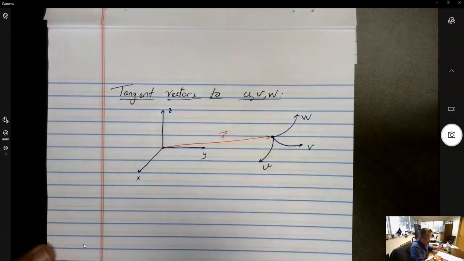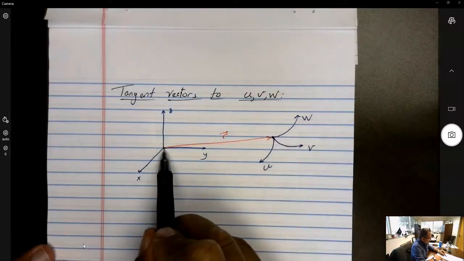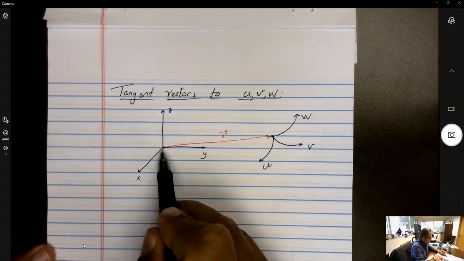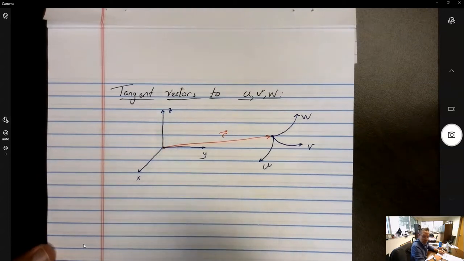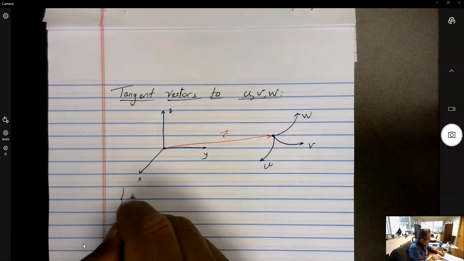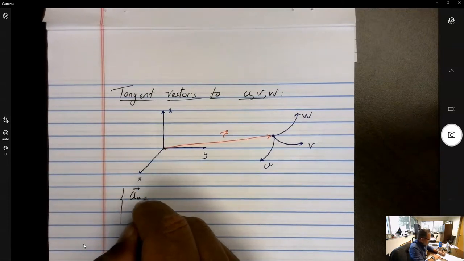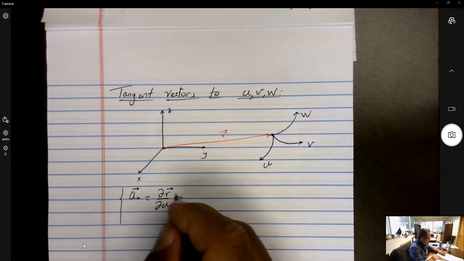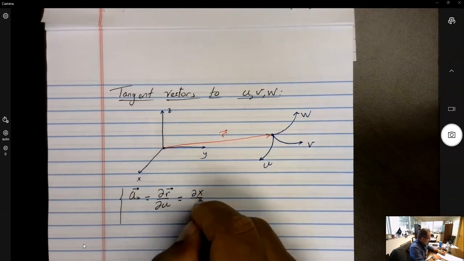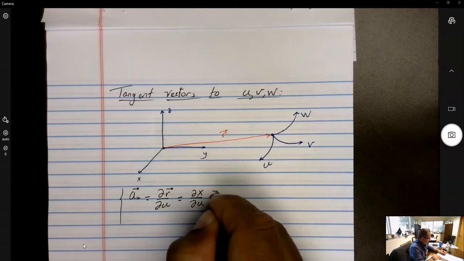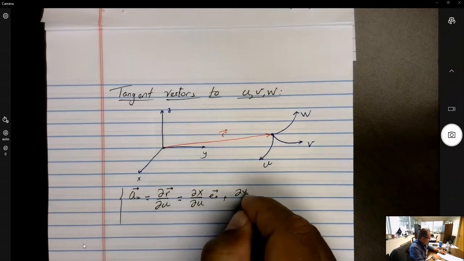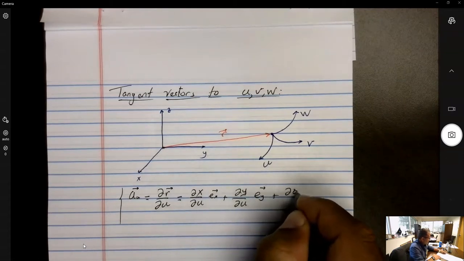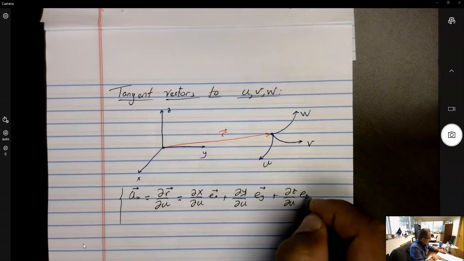So the tangent vectors, so vectors that are tangent to u, v, and w, expressed in terms of unit vectors of the xyz coordinate system, we're going to call them a_u, and that's simply dr/du, and that would be dx/du in the x direction plus dy/du in the y direction plus dz/du in the z direction.